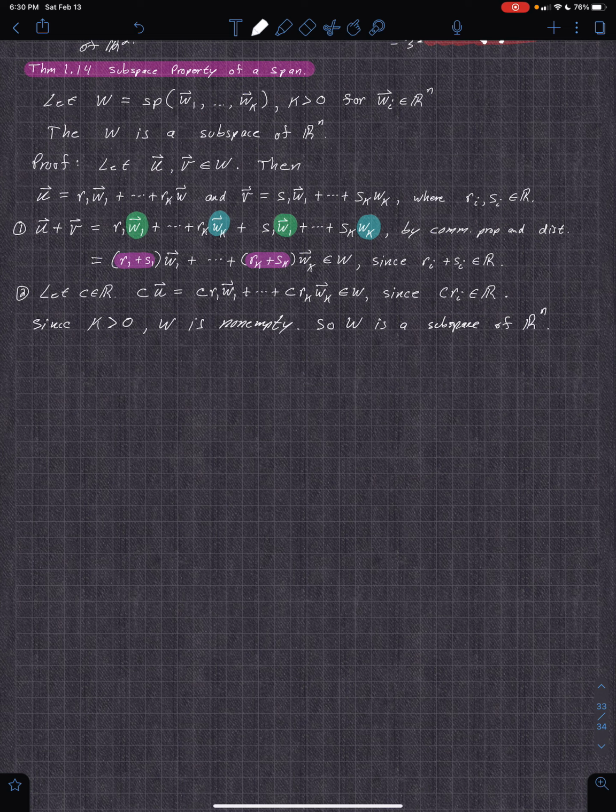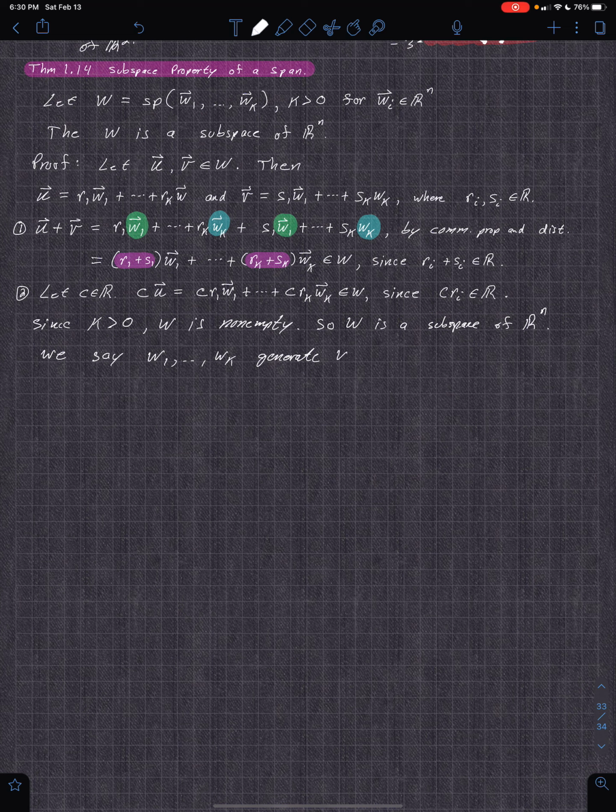So we say W1 through WK, this will be a terminology we will use more later. So we say W1 to WK generate the subspace.